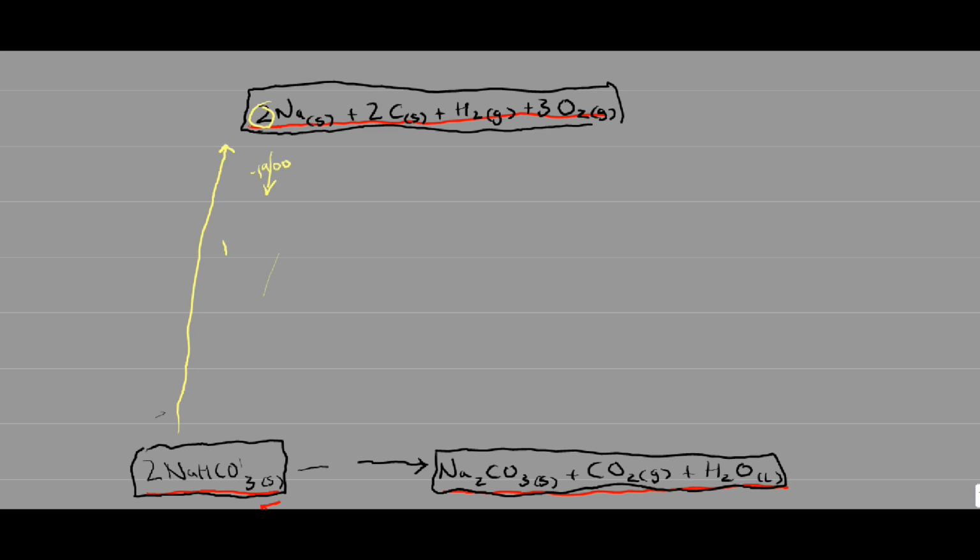It then becomes 1900. This one here was X. I'm going to change that to minus. And then these arrows are exactly the same as they were before.